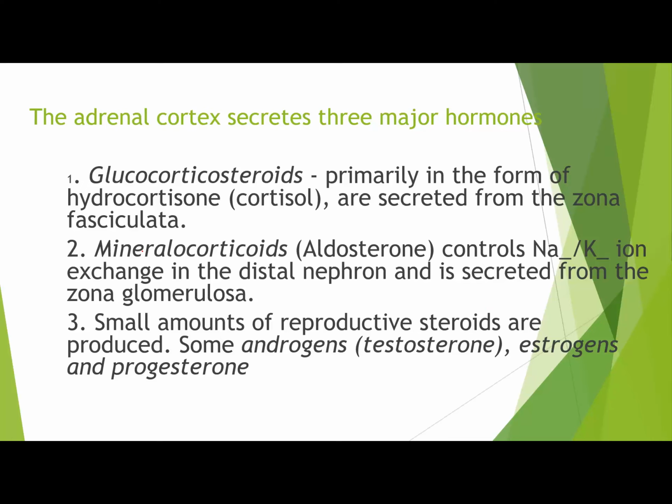Kapag mineralocorticoids, aldosterone class. This controls sodium, potassium, ion exchange in the distal nephron and is secreted from the zona glomerulosa. Small amounts of reproductive steroids are produced, and some androgens, such as your testosterone, estrogen, and progesterone.